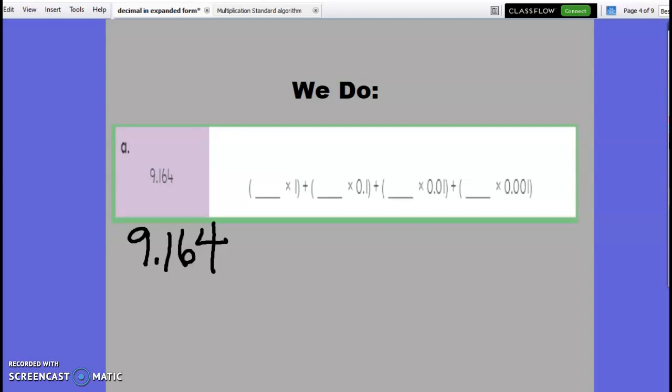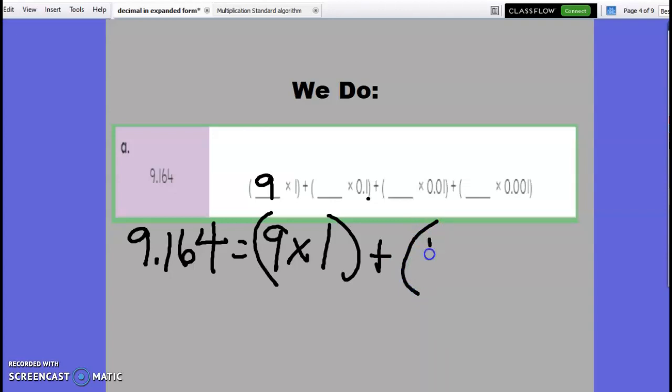So here I have 9 sets of 1, and that is what we have here, equals 9 sets of 1, which would go here. 9 sets of 1. Plus, here it has 1/10. I have 1 set of 1/10, so I would write 1 set of 1/10. This is a decimal.